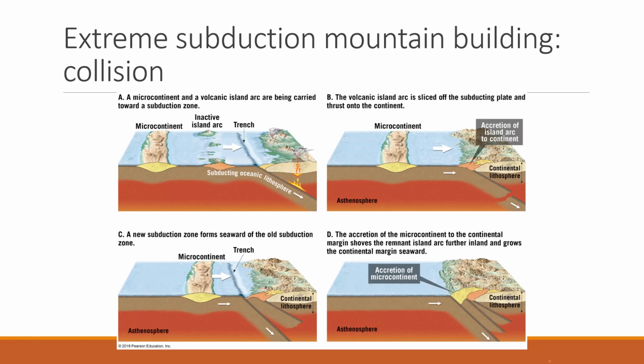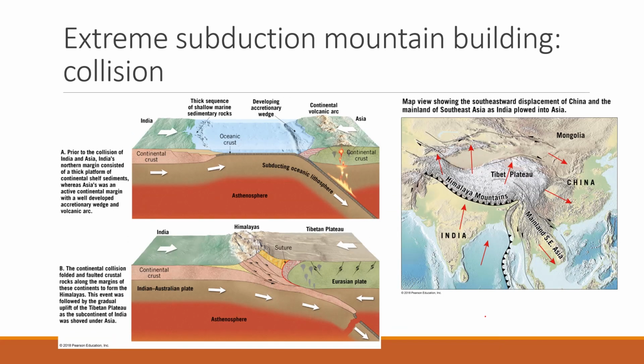You get massive uplift because you basically have multiple layers of lithosphere stuck underneath that continent too. And the extreme of this is going to be true continental collision. So the end result of subduction will always be continental collision at some point. It may be millions of years down the road, but at some point you will have these continents colliding together. That's the Wilson cycle. This is what we're seeing with the Himalayas.